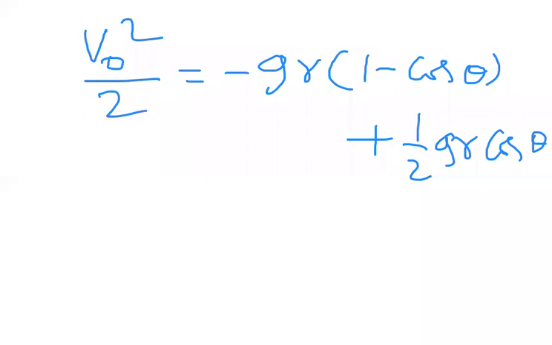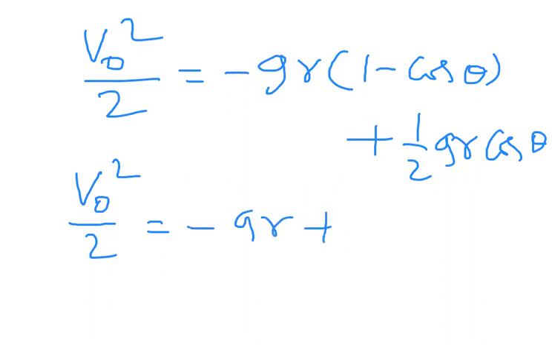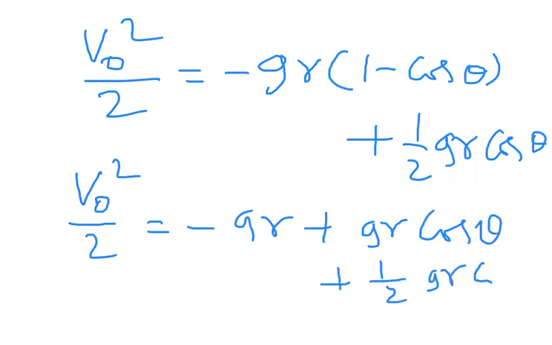So now if you simplify this, what is the final expression for the v naught value? v naught square by 2 is equal to, minus gr plus gr cos theta plus half gr cos theta. This is the expression I got. Any doubt till here, beta?